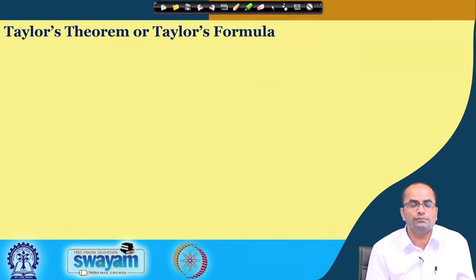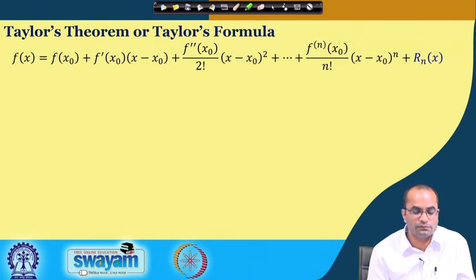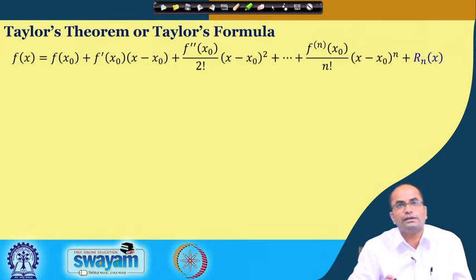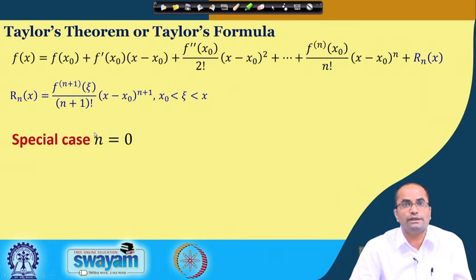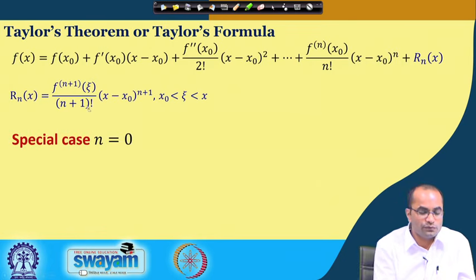Taylor's theorem, or Taylor's formula, if we summarize: we have the function f(x) which can be expanded in this form, f(x_0), f'(x_0)(x minus x_0), up to the nth order term, plus this remainder term which we have just derived, which is called the Lagrange form of the remainder. In the special case when we take n equal to 0, up to order 1 we have to write this remainder term.